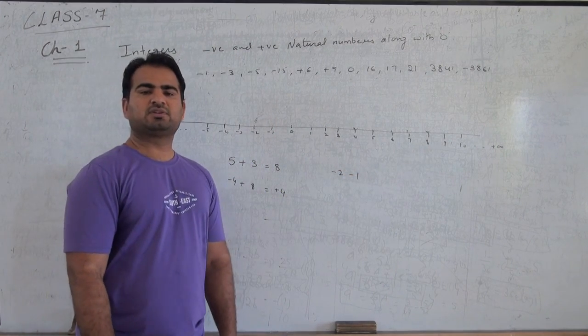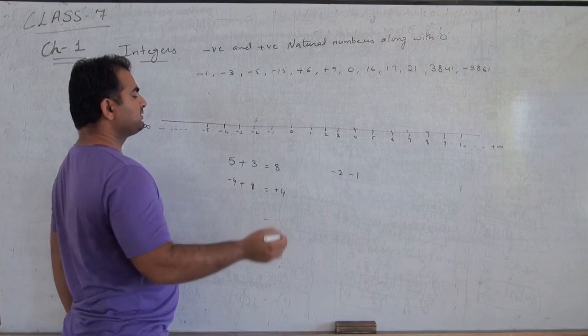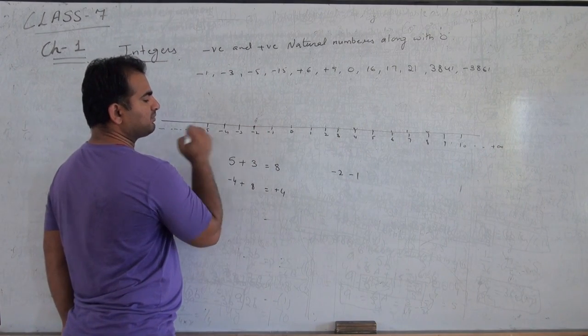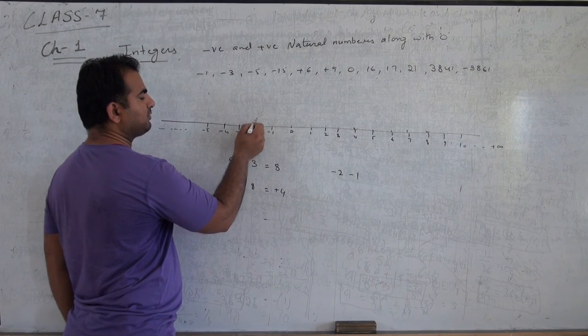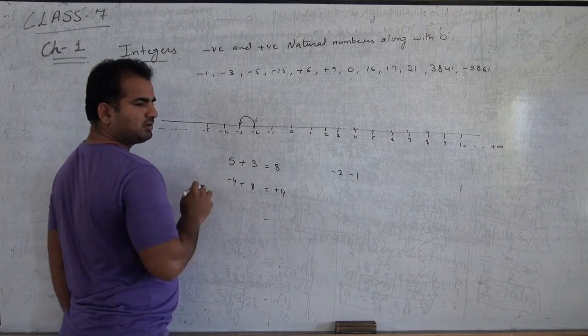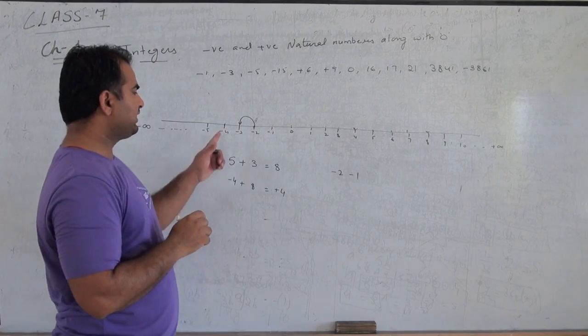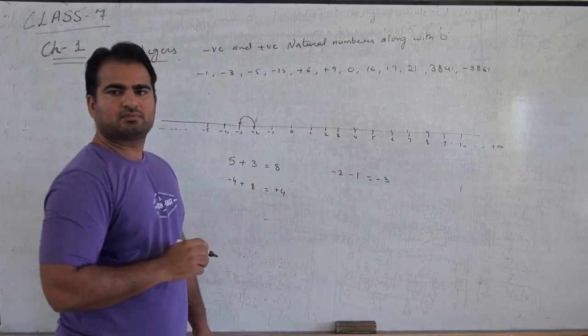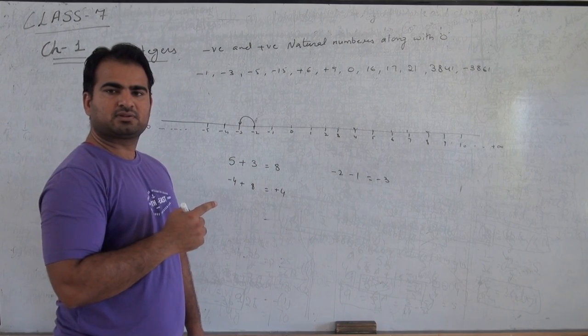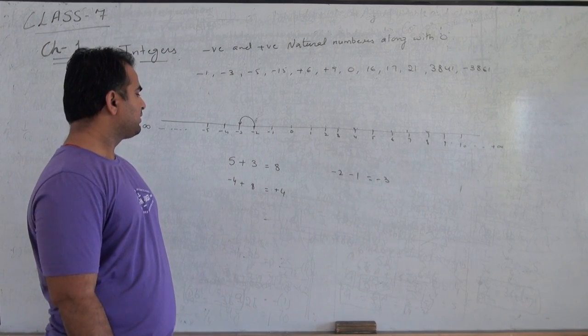We place our pen on -2 and we have to subtract 1. Then we go on the left hand side 1 time. The answer will be -3.